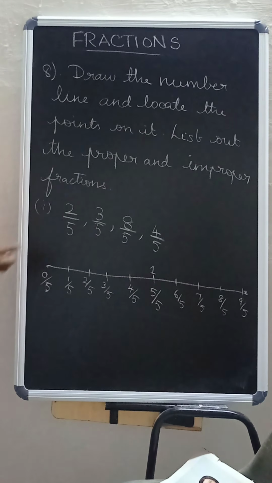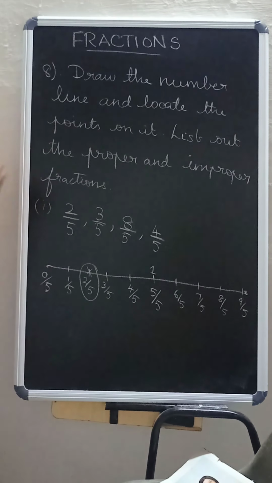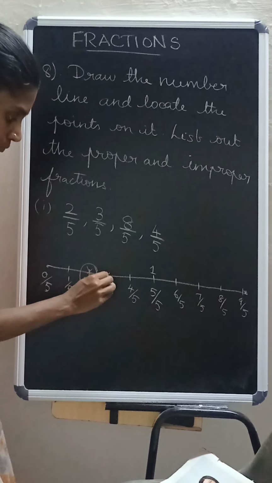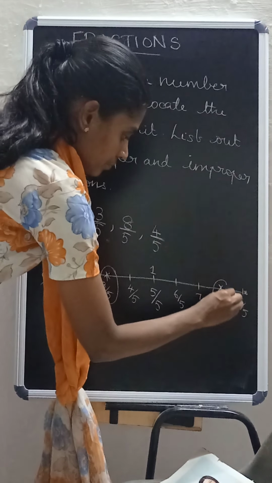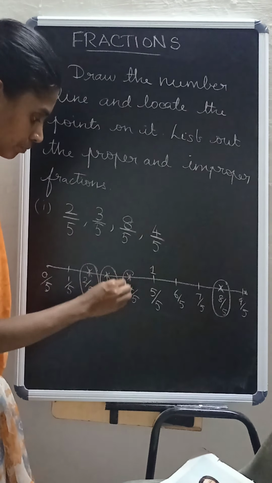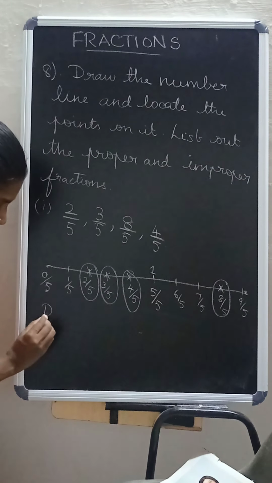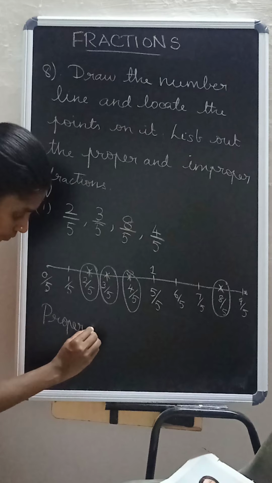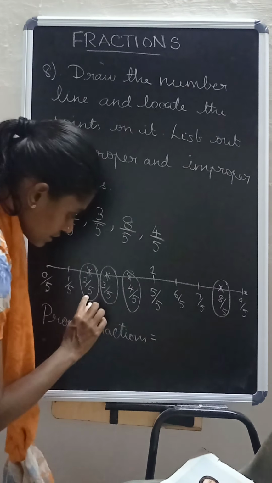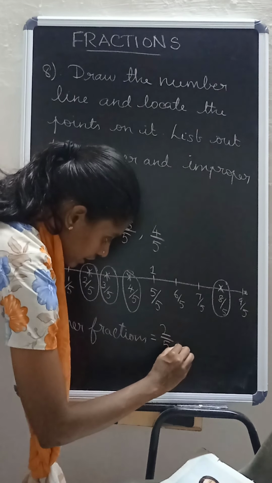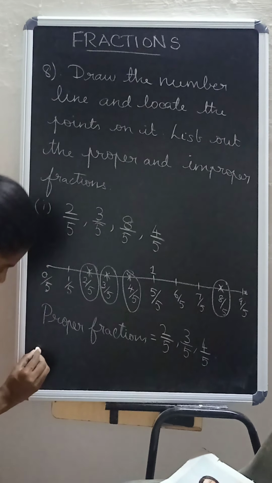Now locate the points. 2 by 5. It's here. 3 by 5. 8 by 5. 4 by 5. Now, write down the proper and improper fractions. Proper fractions: 2 by 5, 3 by 5, 4 by 5.